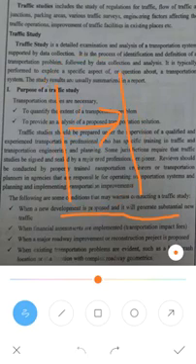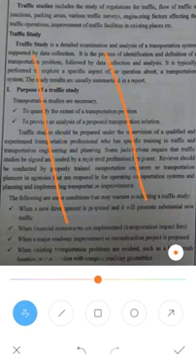There are two types of road available. One is the rigid pavement, that is the cement road which will be constructed. Another is the flexible pavement. Flexible pavement is the bituminous road, which in our local language we call tar road.